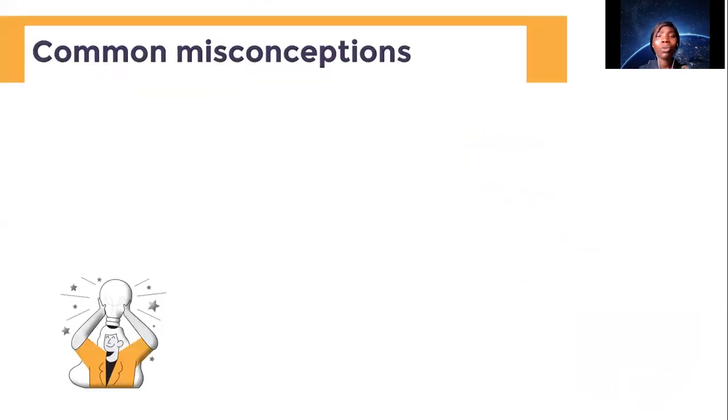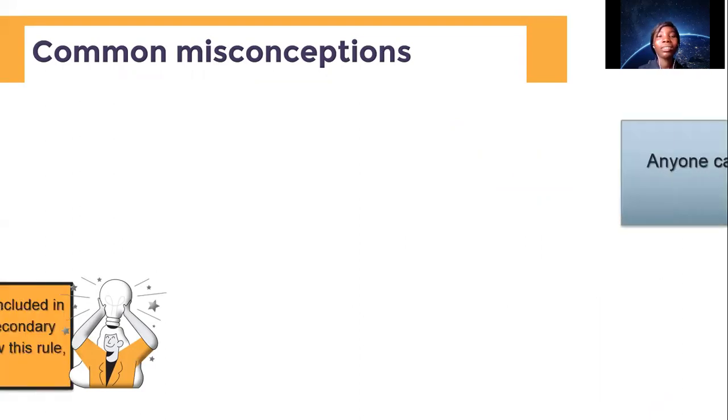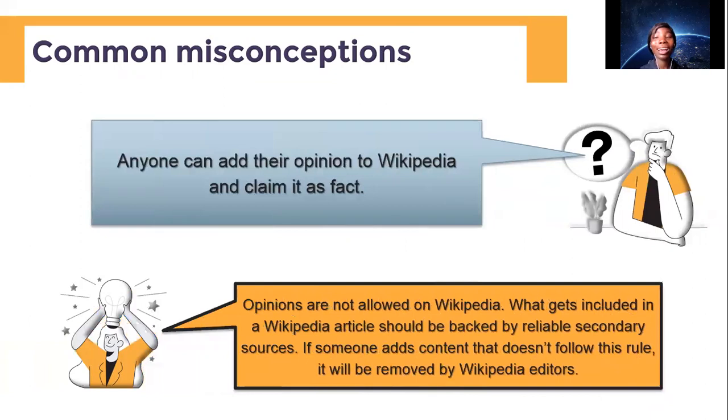So what Wikipedia is not. This is the part where most people have been waiting for. There's this common misconception that Wikipedia is open to everybody and anyone can add their opinion to Wikipedia and claim it as facts. In the actual sense, opinions are not allowed on Wikipedia.